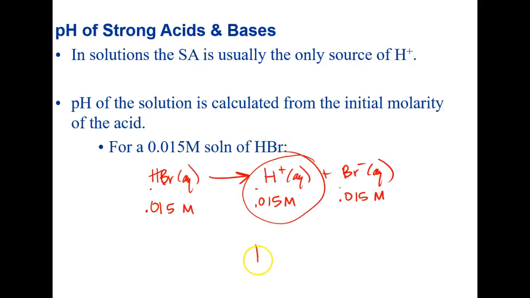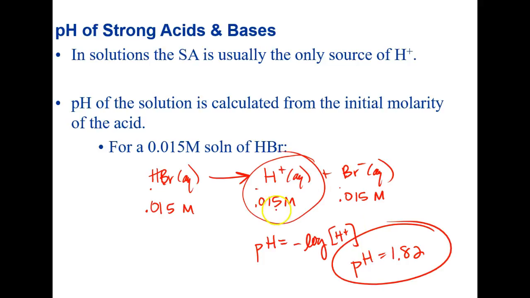Previously we were given a formula that pH is negative log of our H plus concentration. So if you type into your calculator negative log of 0.015, you get a pH of, and that has 2 sig figs, so I would go with 1.82.